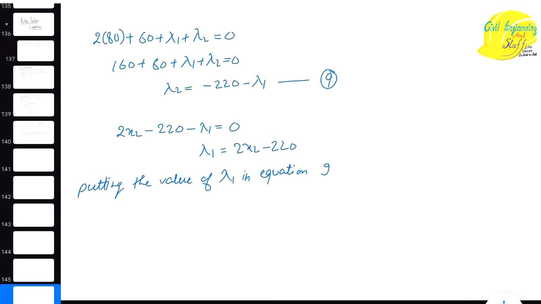Okay, so from that we will have the value of lambda 2 to be minus 220 minus 2x2 plus 220. Okay, so our lambda 2 value will be minus 2x2. Okay, let's put it equation number 10.